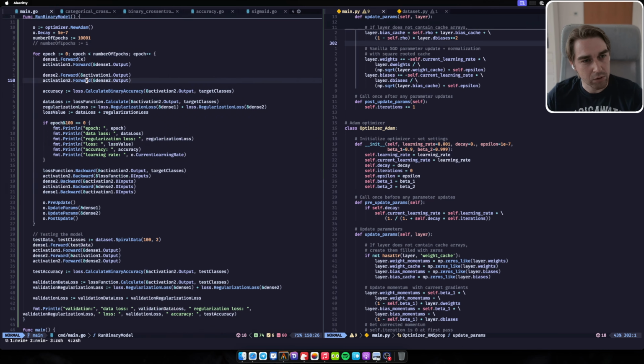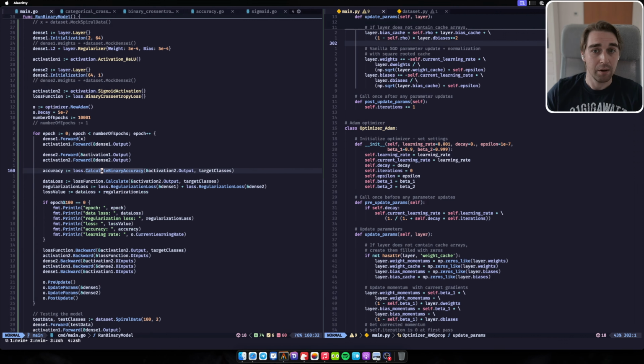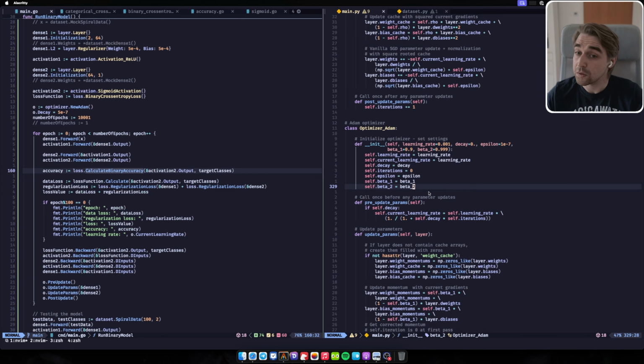Then I had an issue with accuracy calculation, which is surprisingly stupid, but that happens. And yeah, I think it would have taken me much longer to find all of these issues if I didn't have these example codes, which I'm still trying not to use.